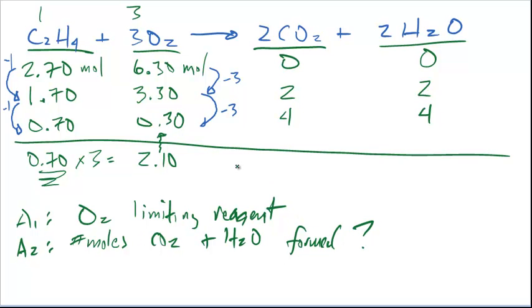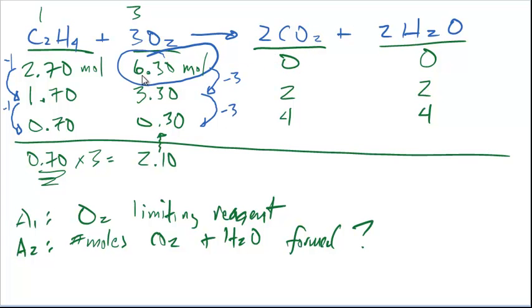And the strategy here is, since the oxygen is the one that is limiting, we would base our calculation of carbon dioxide and water produced on the initial amount that we were given of oxygen. So that's the strategy in these problems: when you're given the starting amounts for each reagent of a reaction, and you're asked, if you were given these amounts, how much of this product could be made?